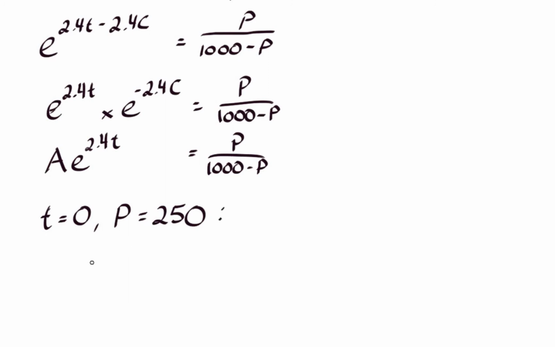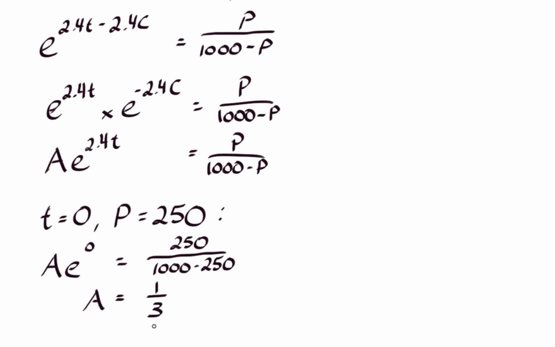So let's sub this in and see what happens. We have a times e to the power of 0. Right, so that'll just be a. And on the right hand side, when we substitute in 250 for p, we have 750 on the bottom, and 250 out of 750, well, that's just 1/3.